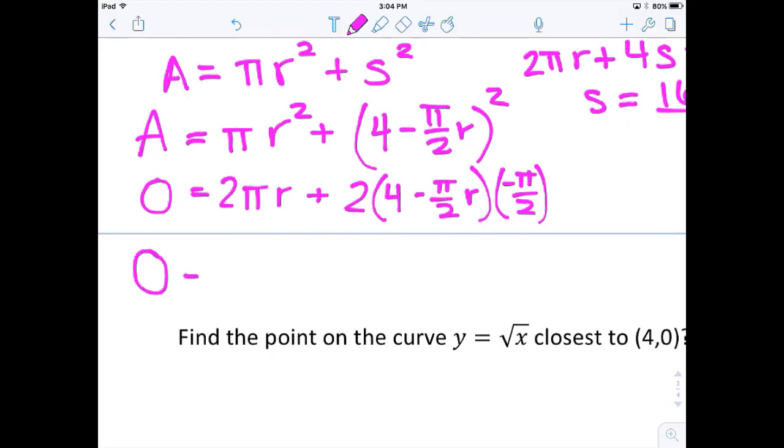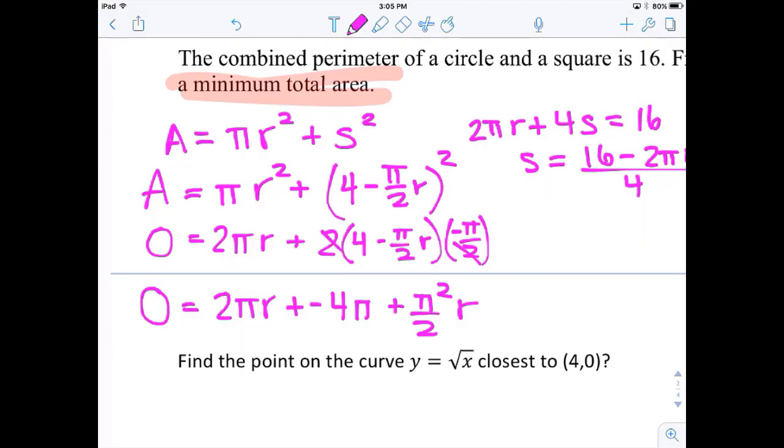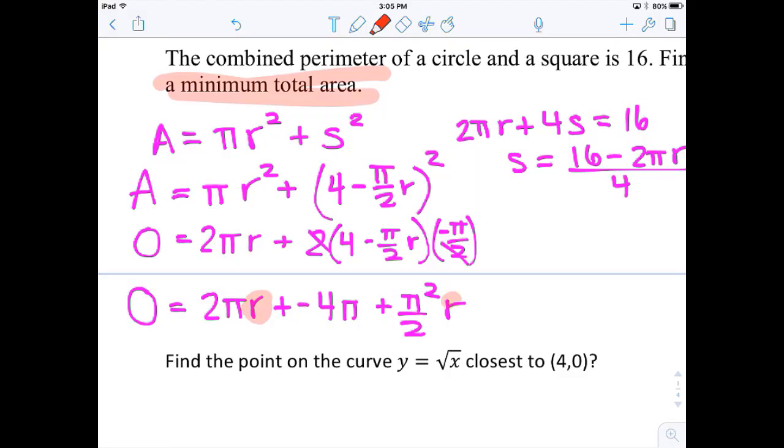So 0 equals 2 pi r plus, let's see, those 2's will cancel, negative 4 pi plus pi squared r over 2. So solving for r, you've got an r in this expression and this expression, or those terms, sorry. And so I'm going to move the 4 pi over and factor out the r.